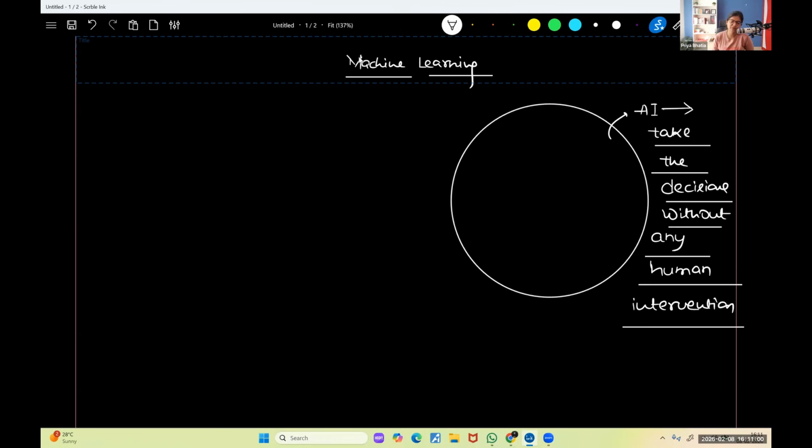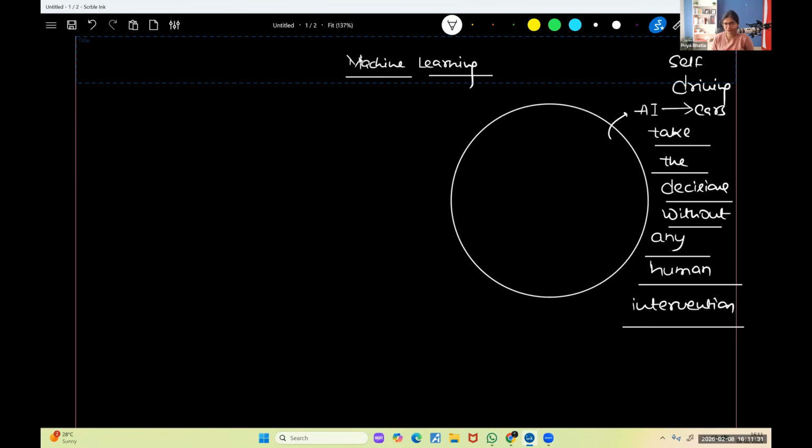Self-driving cars are a very good example of AI, where there is an end-to-end product which will be able to understand when to apply the brake, when to change the gear, and when to apply the accelerator. All of these things we have in terms of AI.